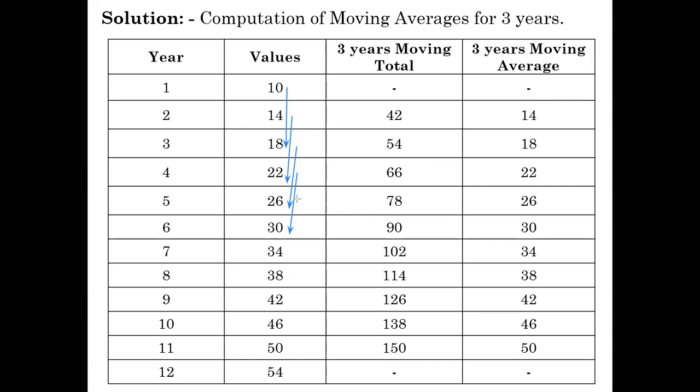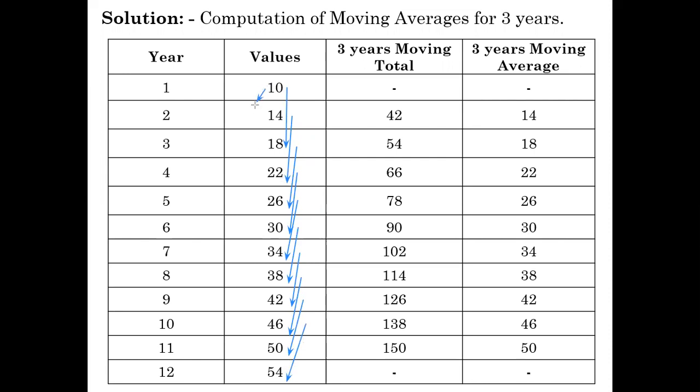Next, leave up to here. First 1, 2, 3, next 1, 2, 3, next 1, 2, 3, next 1, 2, 3, and next 1, 2, 3 like this. From here to here, 1, 2, 3; next from here to here, 1, 2, 3; and so on. You can do it like this also.